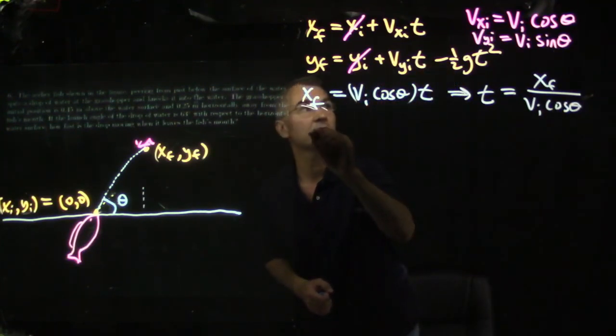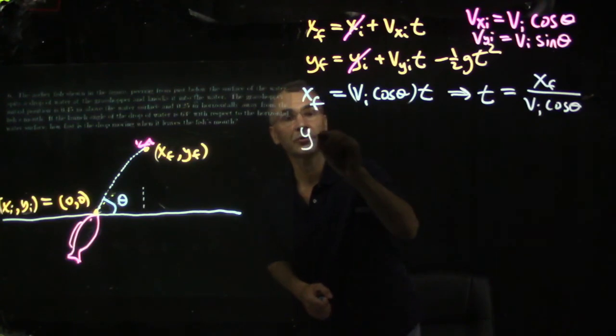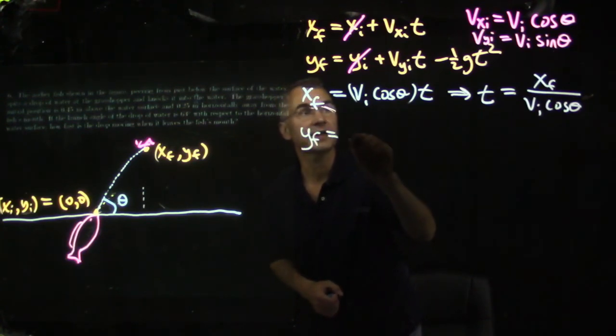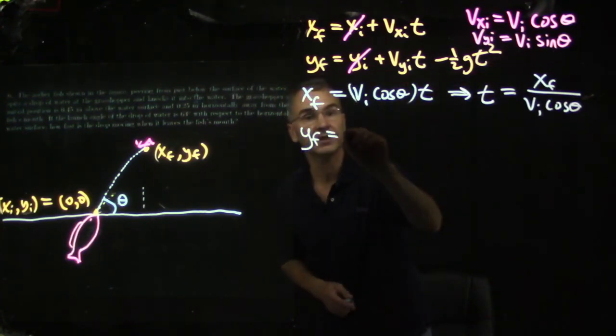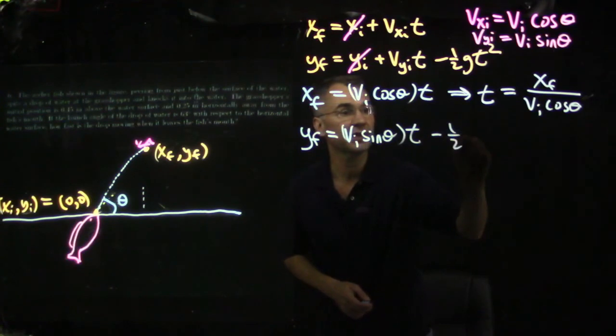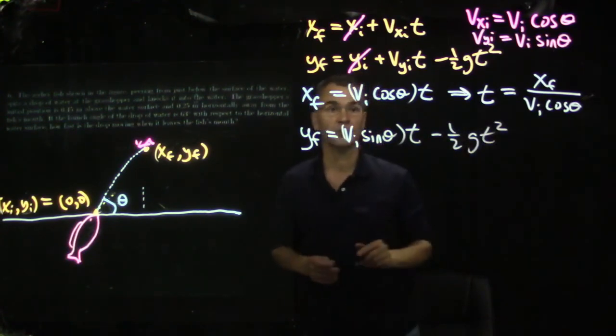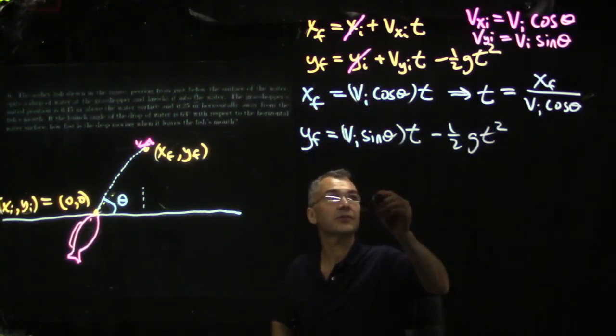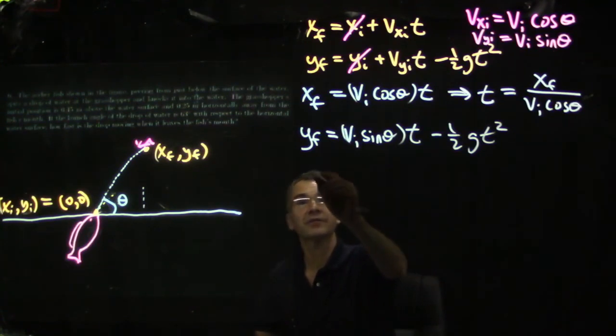And then we substitute for y final: vy initial is v initial sine theta, times time, minus 1/2 g t squared. And then we can plug in this value of the time.